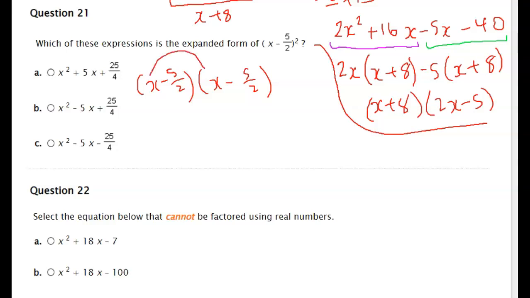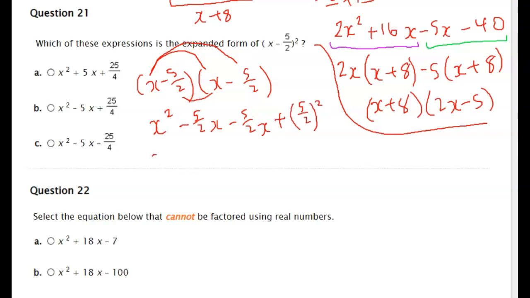So we've got x times x, which is x squared. Then we've got x times minus 5 on 2, so minus 5 on 2x. Then minus 5 on 2 times x, so minus 5 on 2x. And then we've got 5 on 2 times 5 on 2, and because they're negatives, we're going to have a positive answer. So we're going to have 5 on 2 squared.